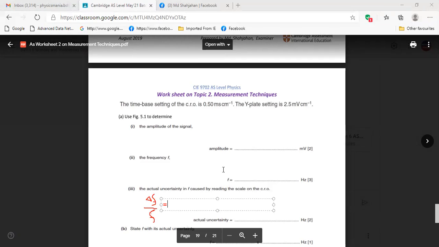Can you remember how we get it? We know that F equals 1 by T, right? Yes, sir.